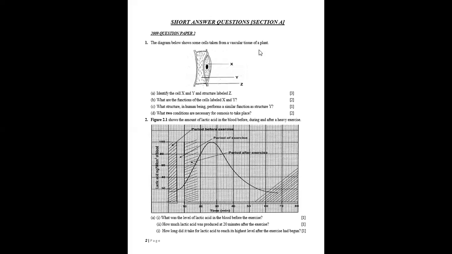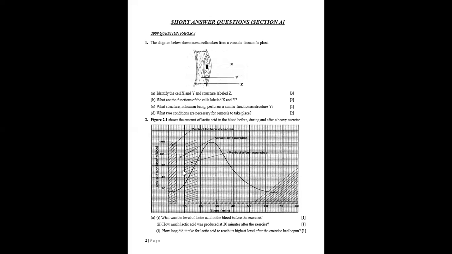Okay, we move on to question 2. Figure 2.1 shows the amount of lactic acid in the blood before, during, and after a heavy exercise. As you can see, before exercise, period of exercise, period after exercise. Then the first question: what was the level of lactic acid in the blood before the exercise?